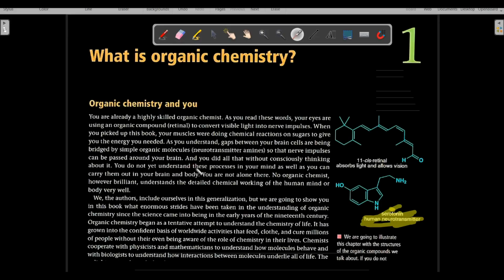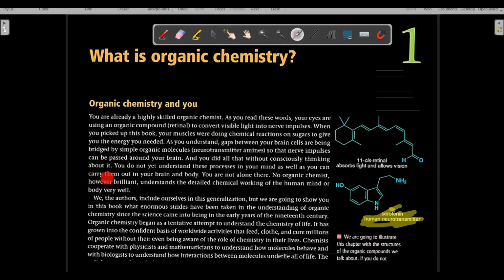You do not yet understand these processes in your mind. But still you can carry them out in your brain and body. Even if you do not understand these processes in detail, how they are happening, you still carry them out in your brain and body unconsciously. Involuntarily, means you are not doing it deliberately, it is automatically happening.